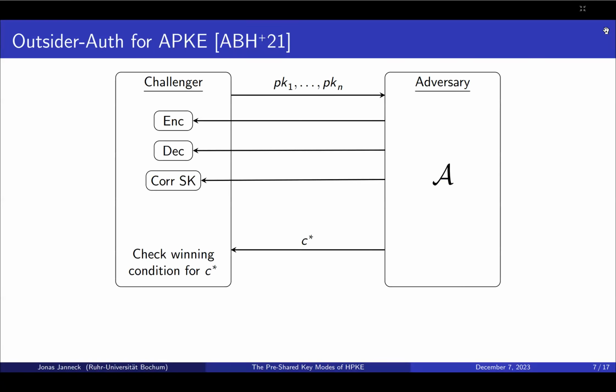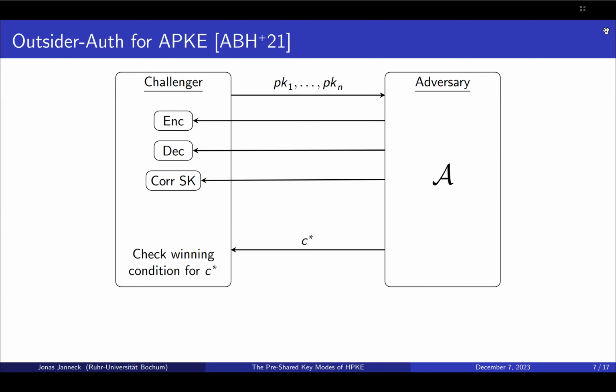So for the outsider authenticity, this is now from APKE, we have kind of a standard game. The adversary gets multiple public keys, a multi-user setting, and has access to different oracles. First of all, encryption and decryption oracles in the usual manner. And in addition, a corruption oracle for the secret keys, to corrupt some of the users.